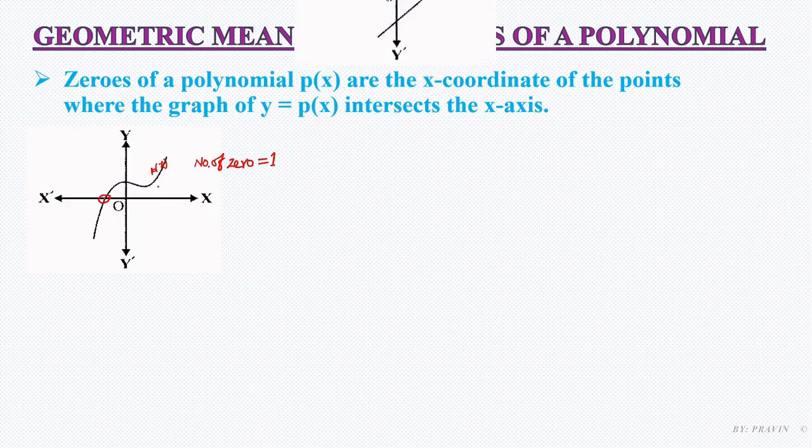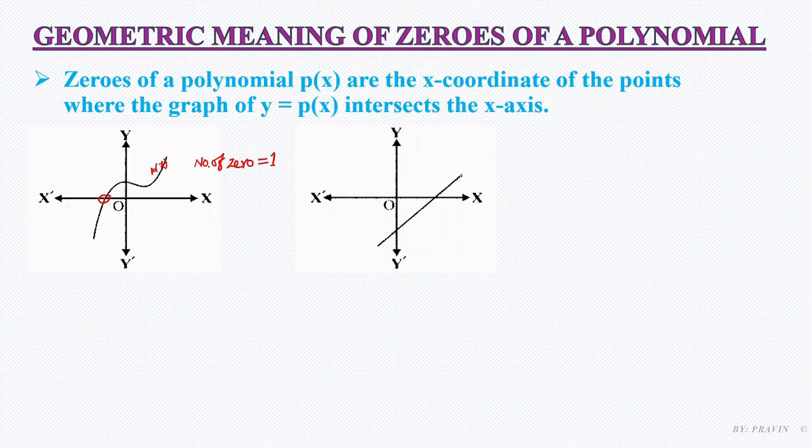Look at another example. Again, this is a graph of, say, polynomial p(x), and this graph is intersecting the x-axis at this point. See, this graph is also intersecting the y-axis, but we are only interested in locating the point of intersection at the x-axis, not on the y-axis.